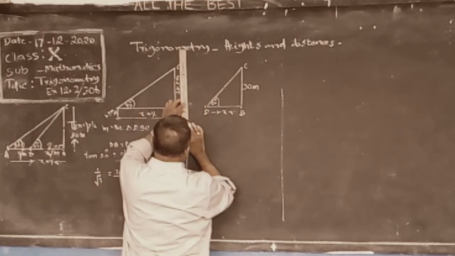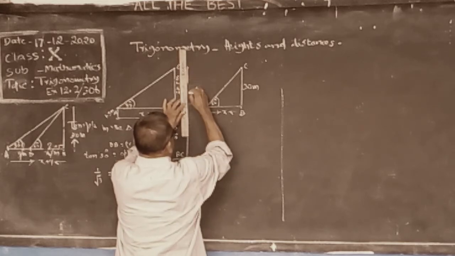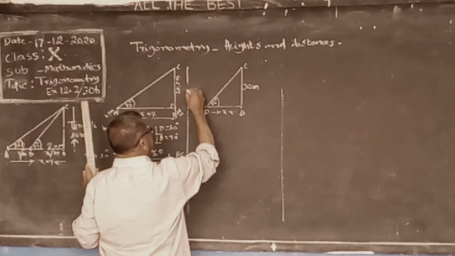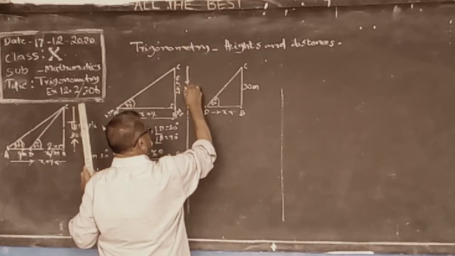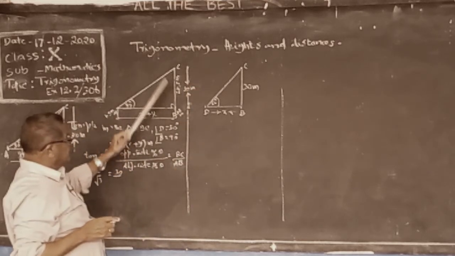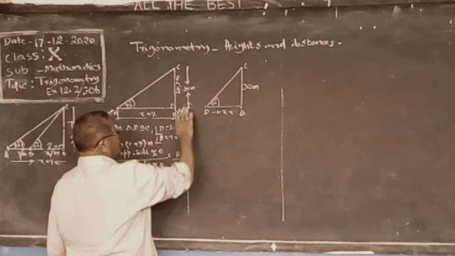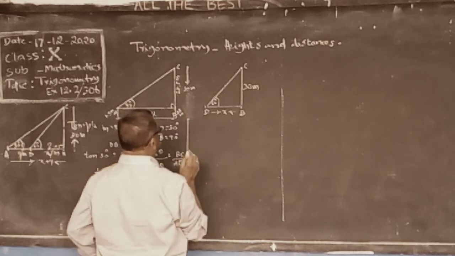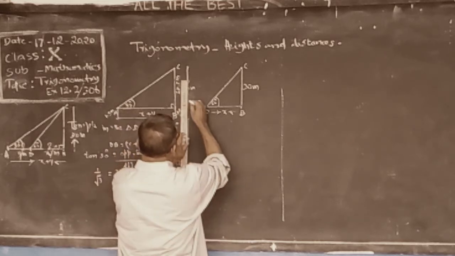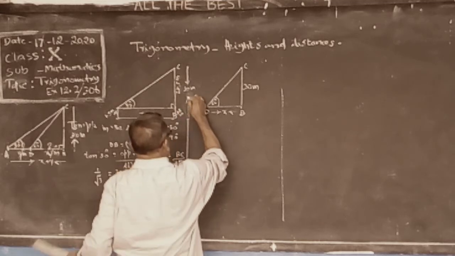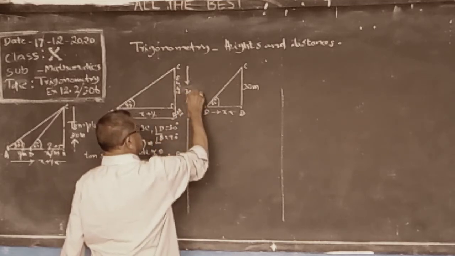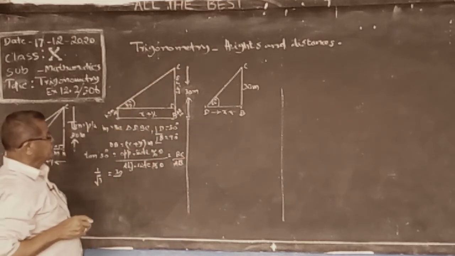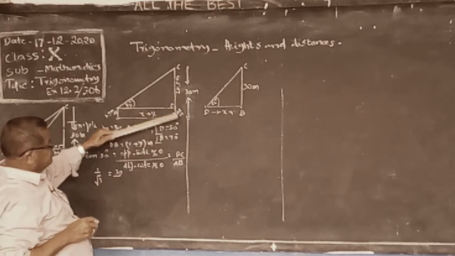Total height from ground is 30 meters, height of the person is 1.5.